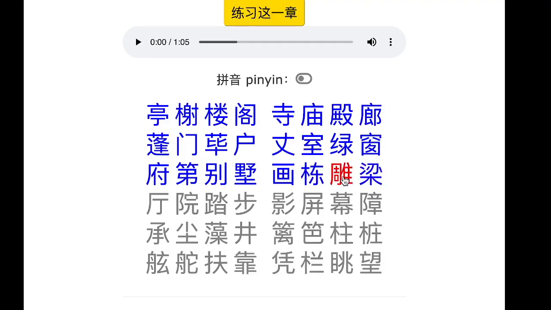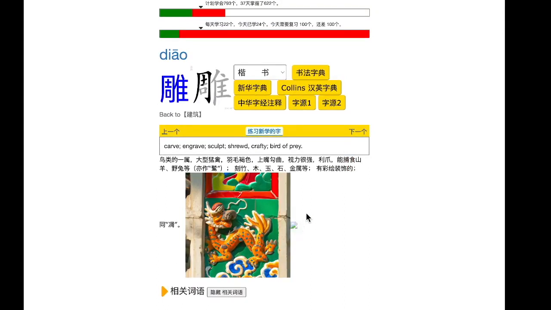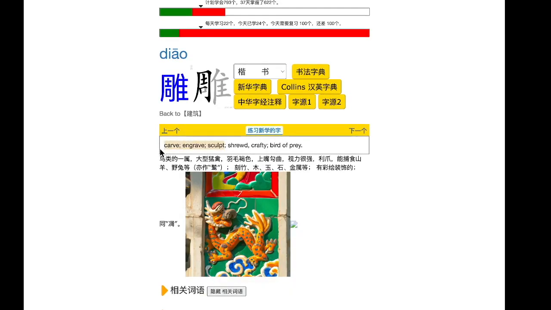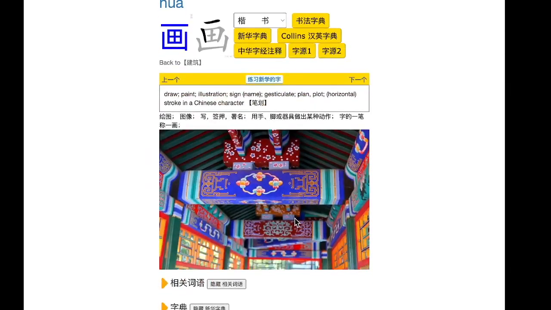画栋雕梁. We're talking about the decorative. 雕 is carve, engrave, sculpt. It could also mean shrewd or crafty, or refer to birds of prey. In this context, we are using the meaning of carved or engraved. So there's decorative carvings in the beams of the buildings.